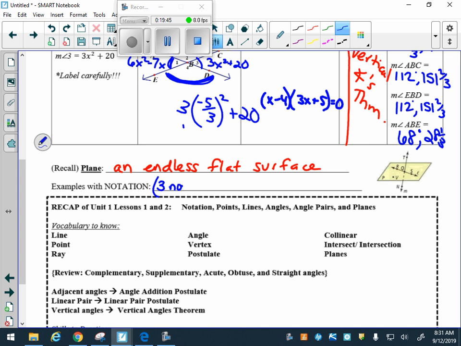3 non-collinear points on the plane. We'll name that plane. Now, if you look at this diagram, it's supposed to be showing the yellow part as the endless flat surface. Clearly it's not endless in this diagram, but you have to imagine that it goes on forever.